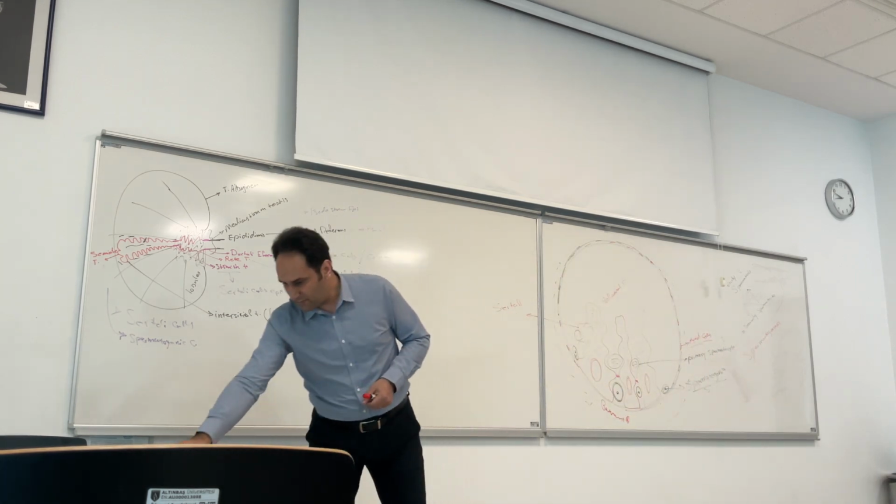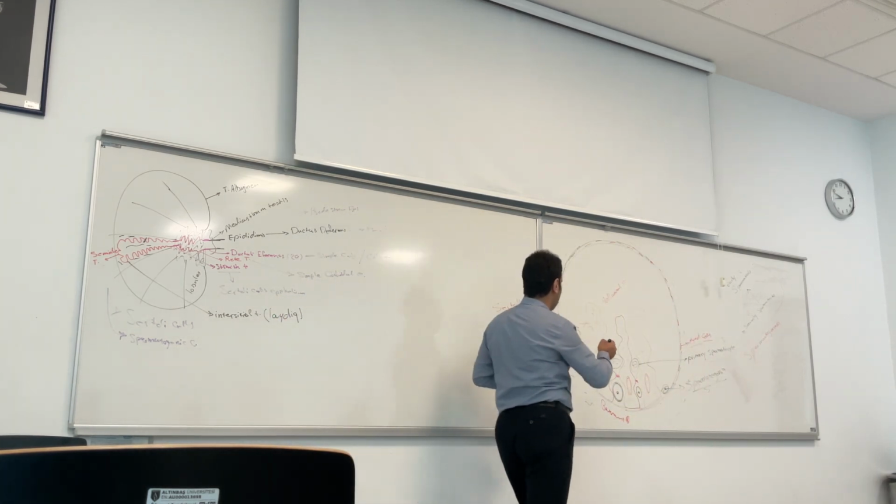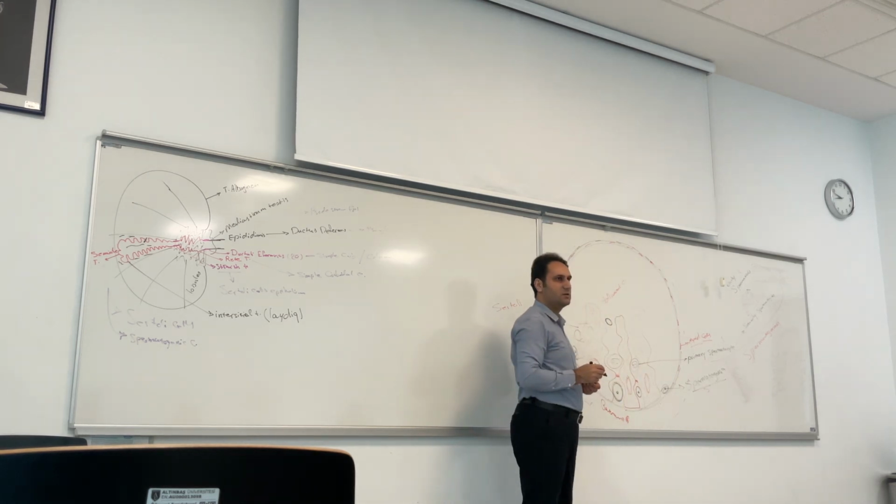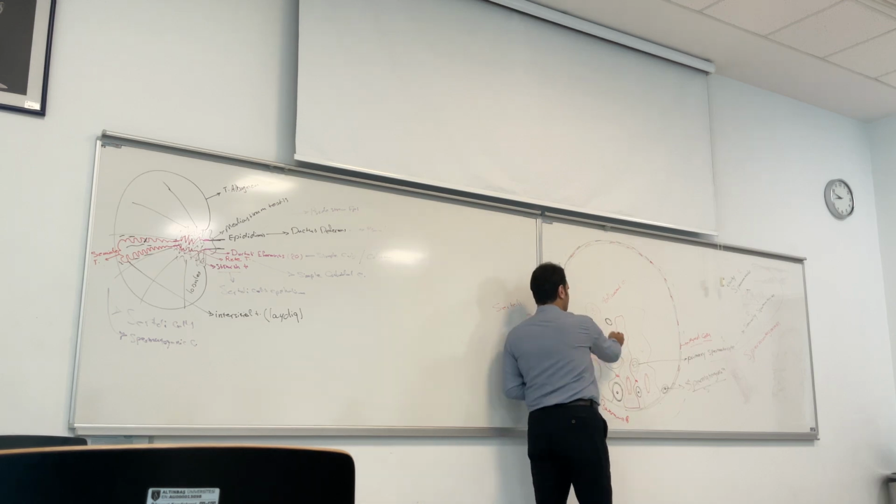The early spermatids have a round shape, but are very, very small compared to the primary spermatocytes.